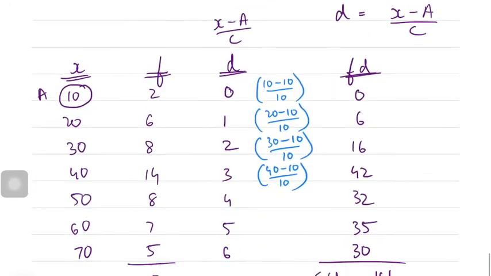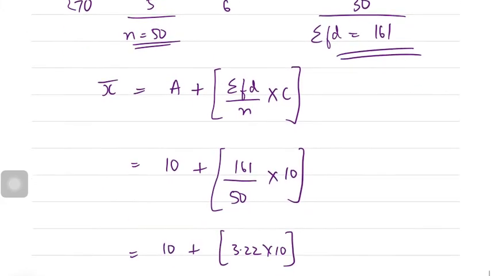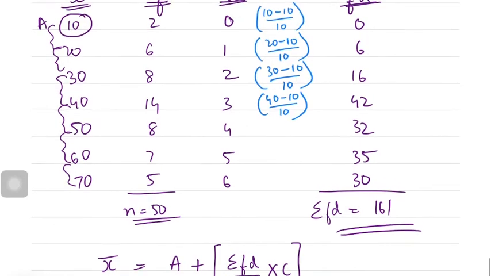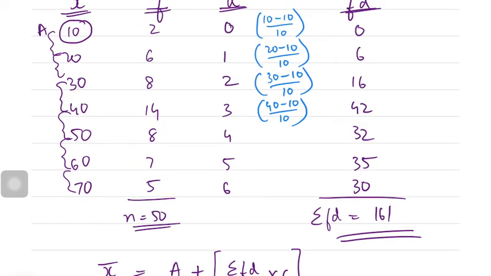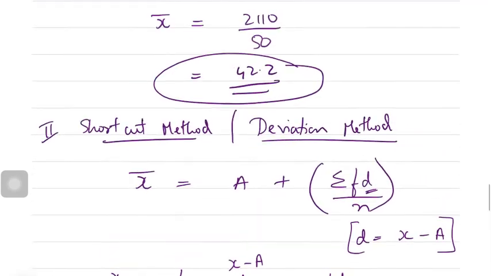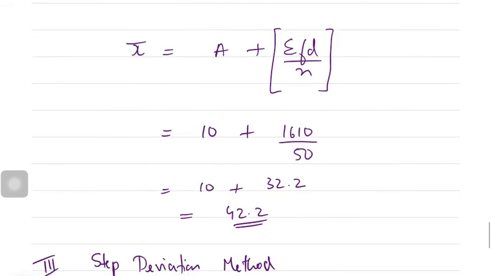You cannot use step deviation method in all problems, only when the difference between the variables throughout the problem is the same. If the differences are the same, use step deviation method. If not, use shortcut method or even direct method. It's up to you.